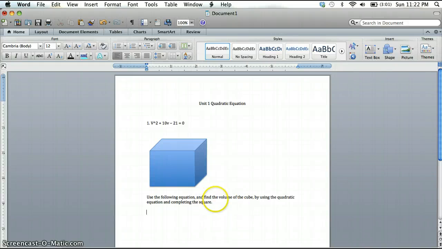So now I want students to actually find the volume of the cube by using the quadratic equation and completing the square. So what are the steps that I want students to take?